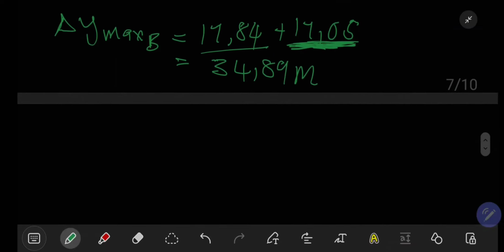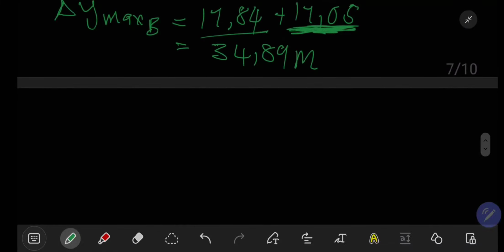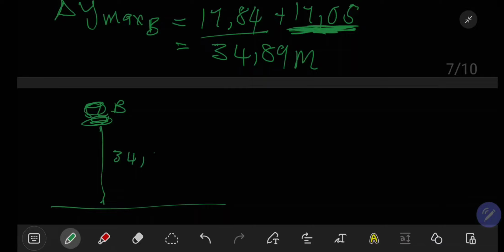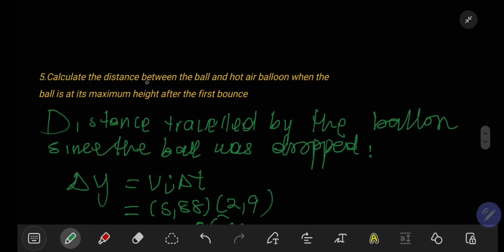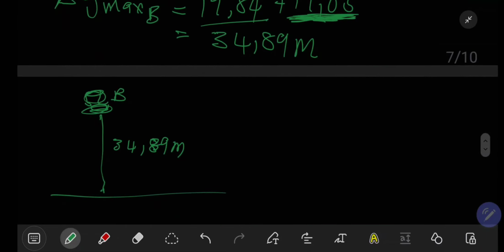So remember, now we have a situation where this is our balloon here, this is the ground, and this is 34.89 meters. They wanted the distance between the hot air balloon and the ball when the ball is at maximum height for the first bounce.